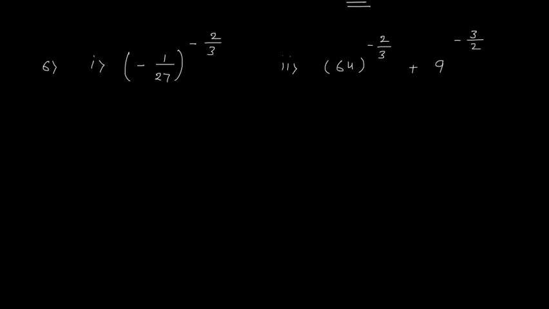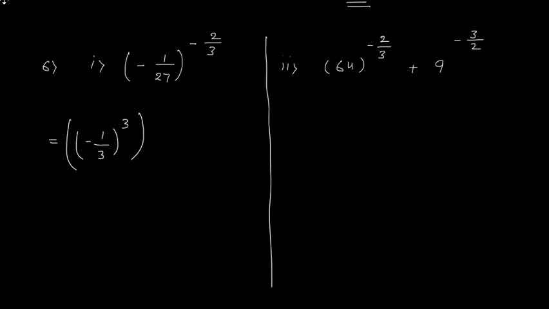Sixth question, two parts. So, minus 1 upon 27. So this minus 1 upon 27 is minus 1 upon 3, okay. I can say that this is minus 1 upon 3 the whole cube. So this is minus 1 upon 27 and its power is minus 2 upon 3.